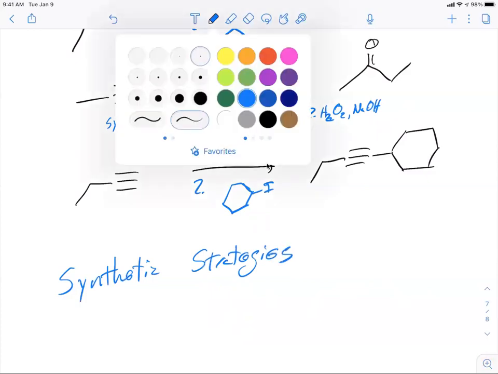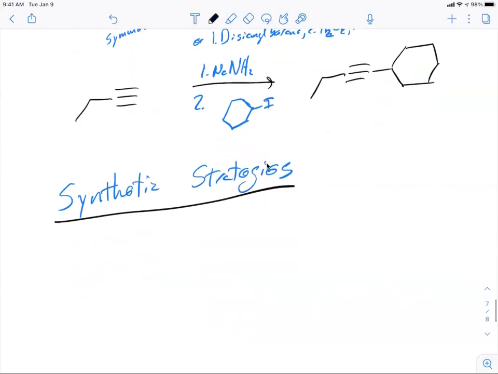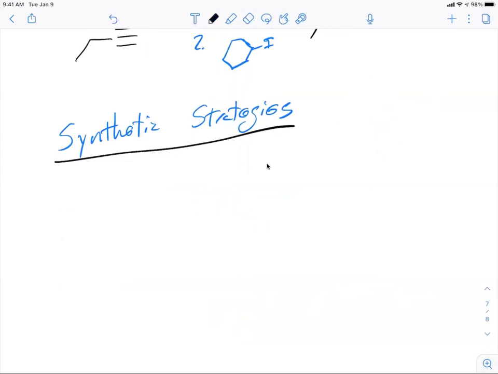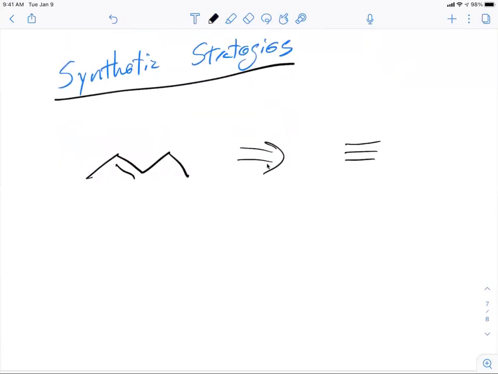The last section in this chapter is synthetic strategies. So let's look at a few potential possibilities here. So let's see if we can make, so on this one, this synthetic strategy, what we're looking at is adding some carbons.